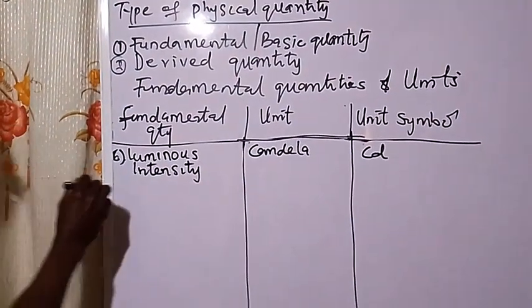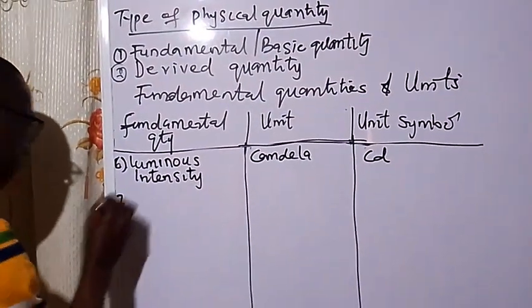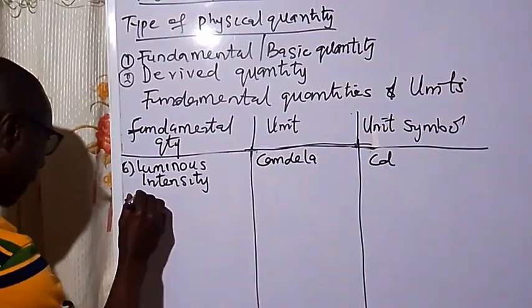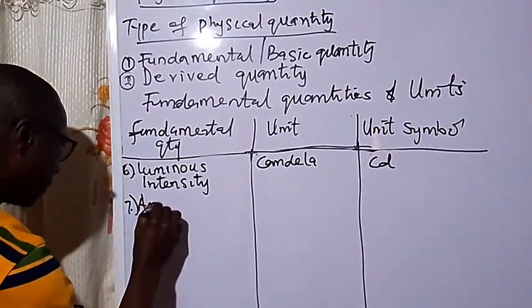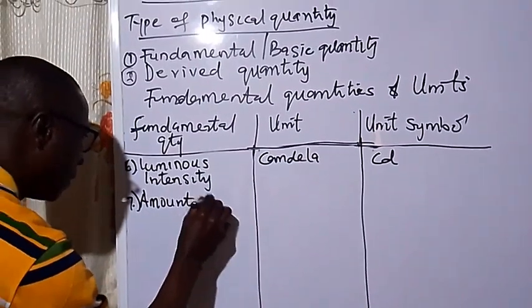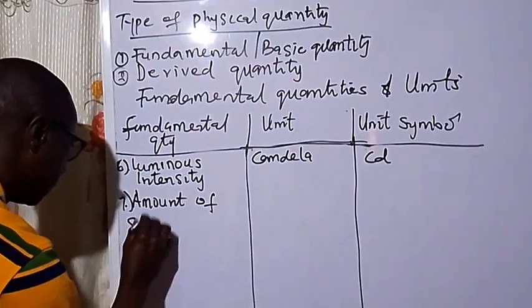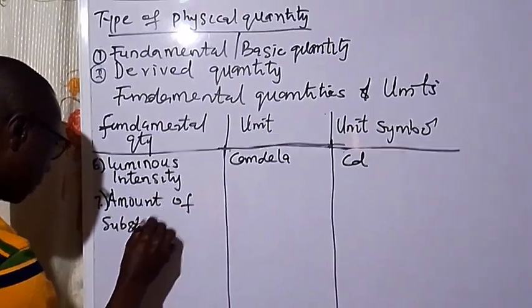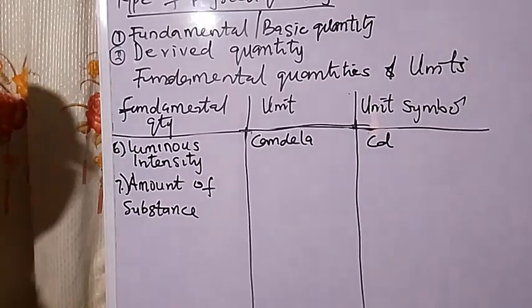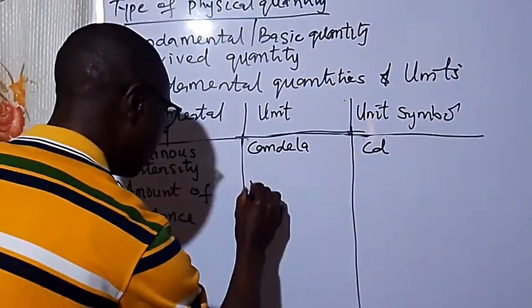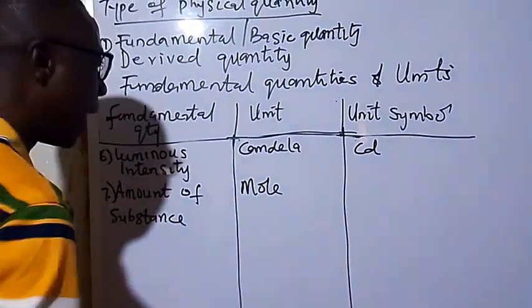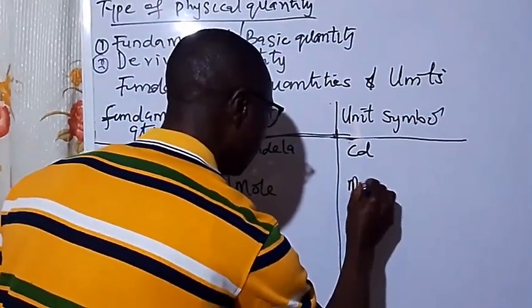And the last, which is number 7, is amount of substance. The unit of this one is mole, and the symbol is mol.